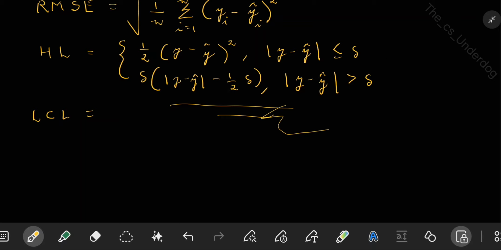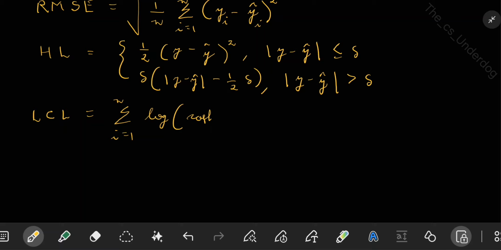So instead of this manual treatment, in log cosh the function automatically handled the situation. The formula became sigma i equal to 1 to n of log cosh of (yi minus yi cap). So this was the formula in case of log cosh loss.